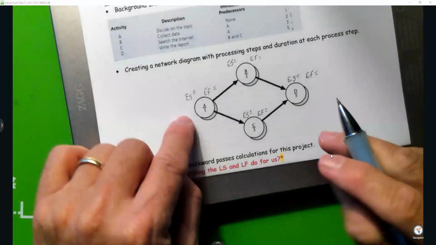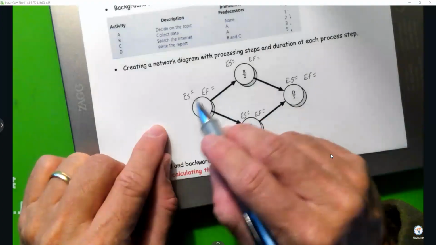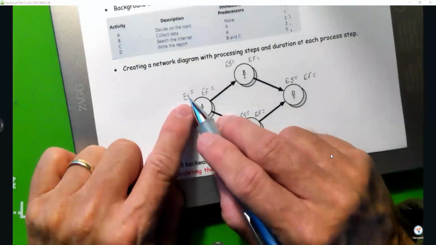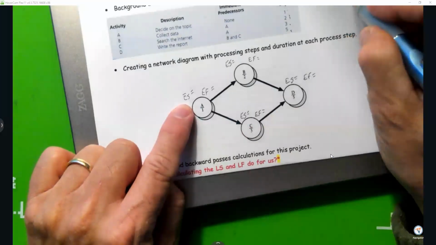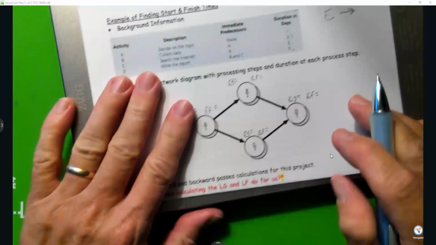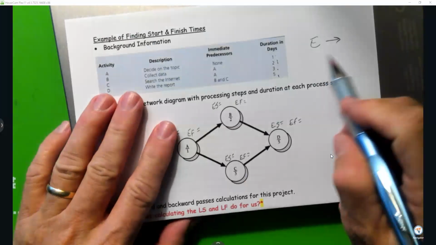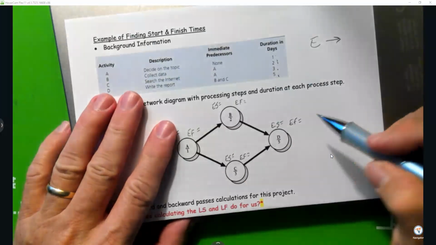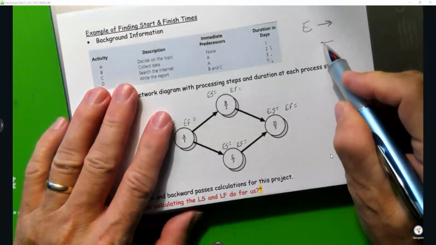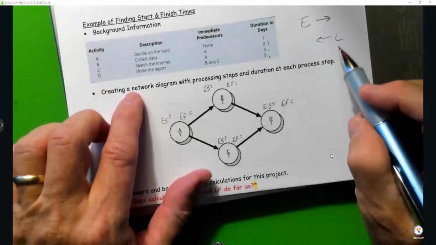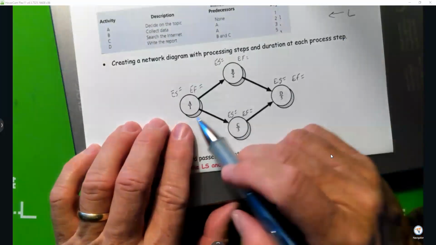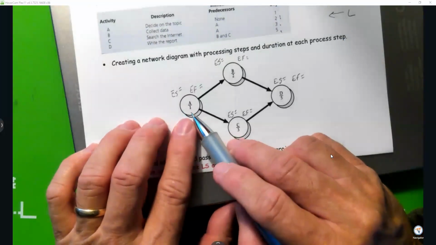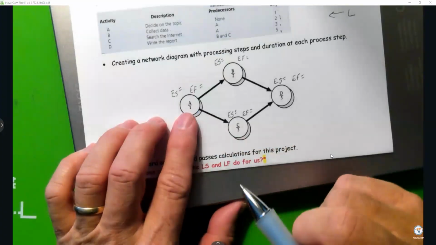And the ES's and EF's, when you're going this way, is when you are calculating your E's. When you're going this way is when you're calculating your L's, your LS and LF, but we'll get to that in just a second.